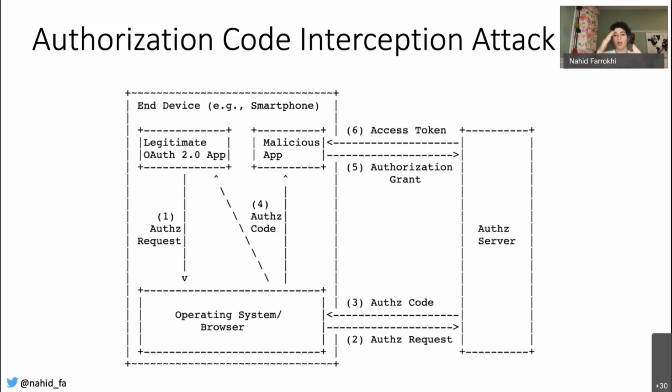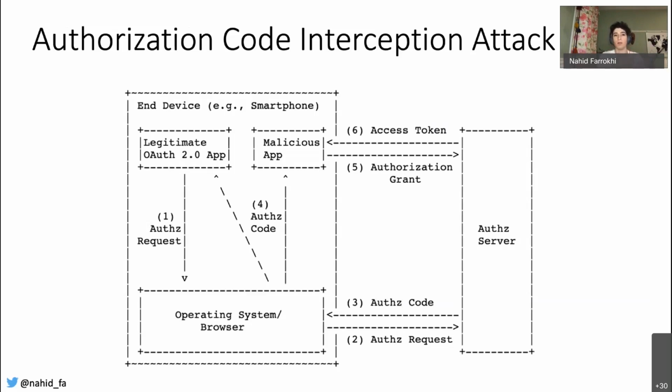Either of those can happen, that's why it is not foolproof. If the malicious app receives that, they can exchange it for the access token, right? They don't even need to be a copy of that app. They can be any app, as long as they are on that smartphone and register themselves on the same redirect URL, so they will work and then they exchange.